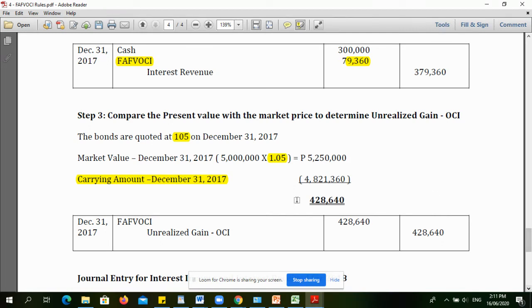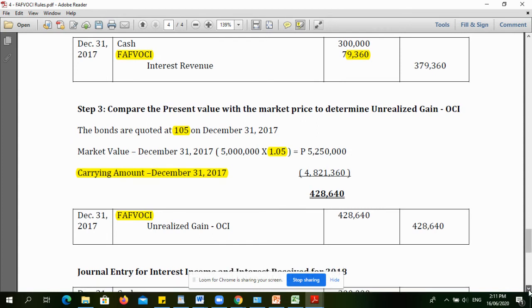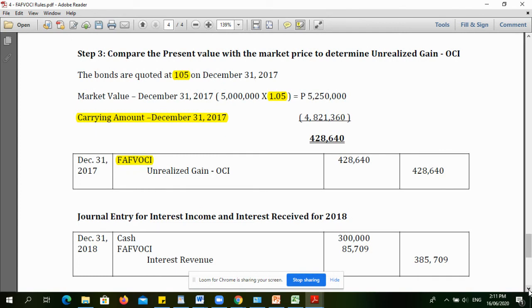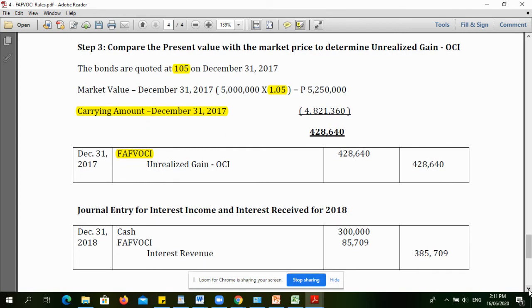So this journal entry is made to account for the unrealized gain in OCI. That's why we debit FAFVOCI and we credit unrealized gain OCI, 428,640.